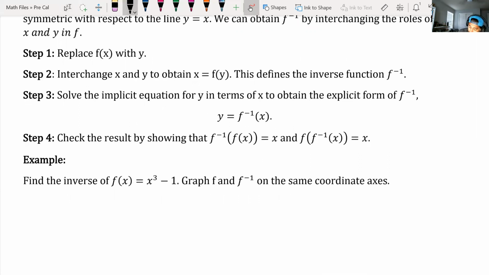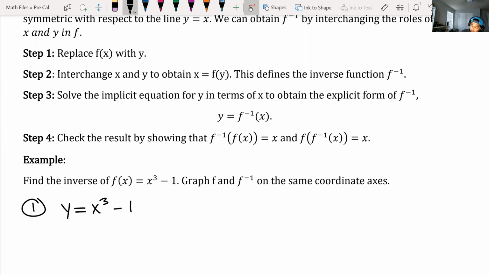So the first step is to rewrite it as y equals x cubed minus 1. And now the second step is to interchange the roles of x and y. Remember, if this function's one-to-one, then it will have an inverse. And if you have an inverse, your domain and range switch places, and your x and y values will switch places.